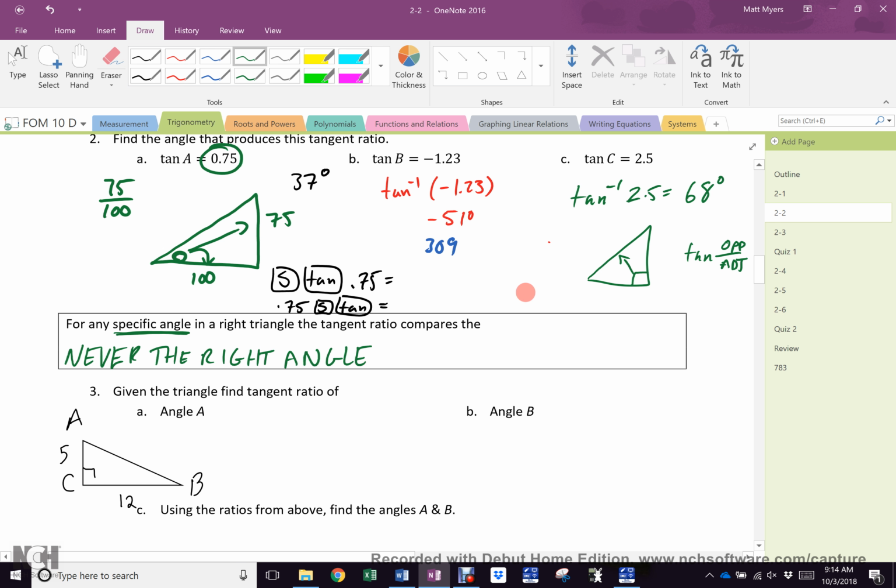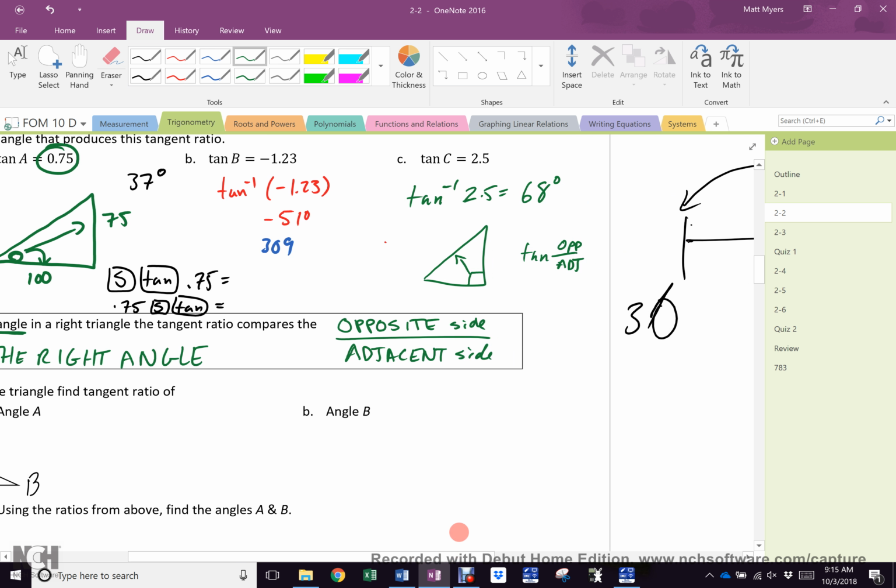And what does it compare? Again, I'm making you write it. The opposite side divided by the adjacent side. Now, what does opposite actually mean in regular English? Across. What does adjacent mean?